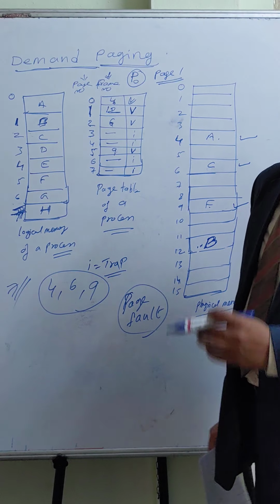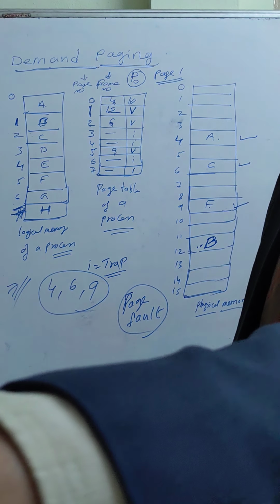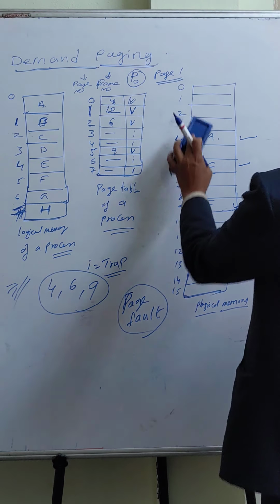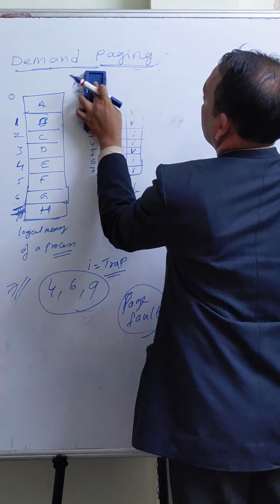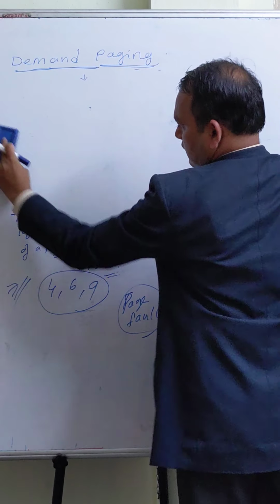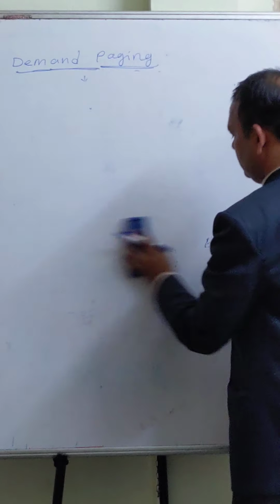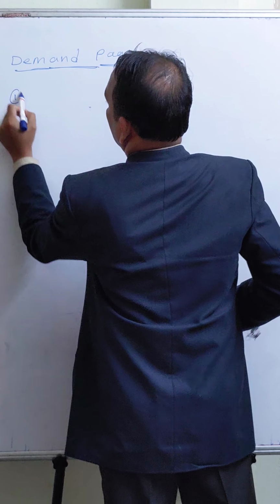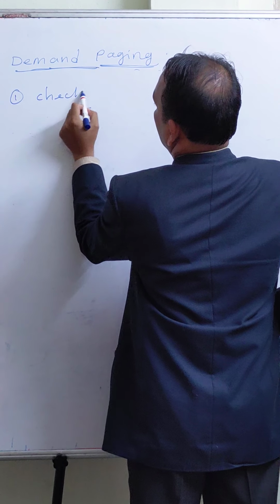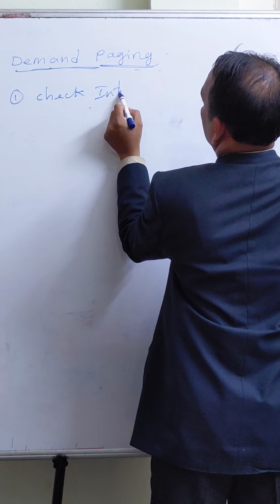Okay, my dear friends. Now we'll see the step-by-step procedure of how a page fault has to be solved. The first one is: check internal table.